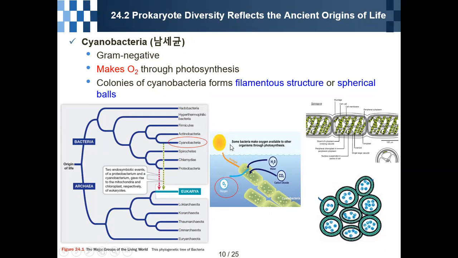They receive light and use carbon dioxide, and finally they make oxygen. Cyanobacteria make filamentous structures, or they look like clusters of spherical balls. This is their structure. Cyanobacteria.